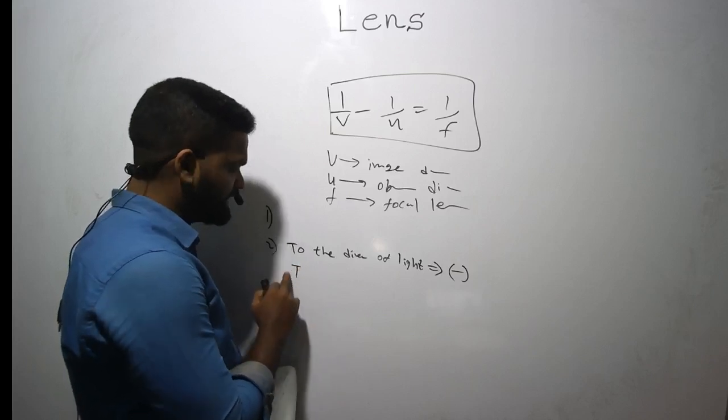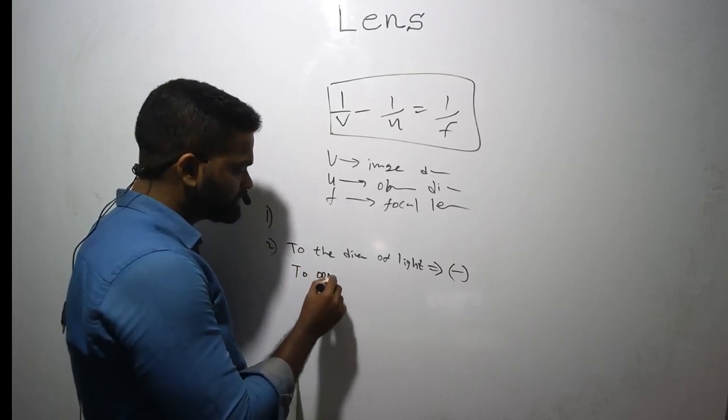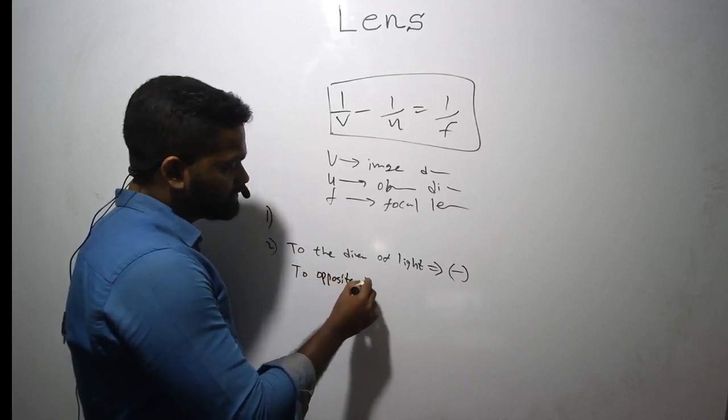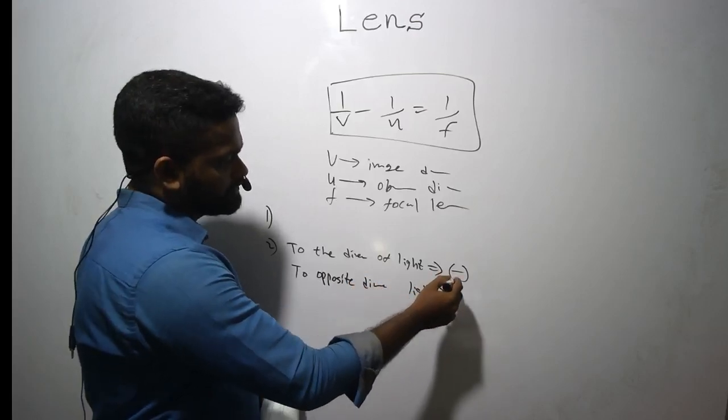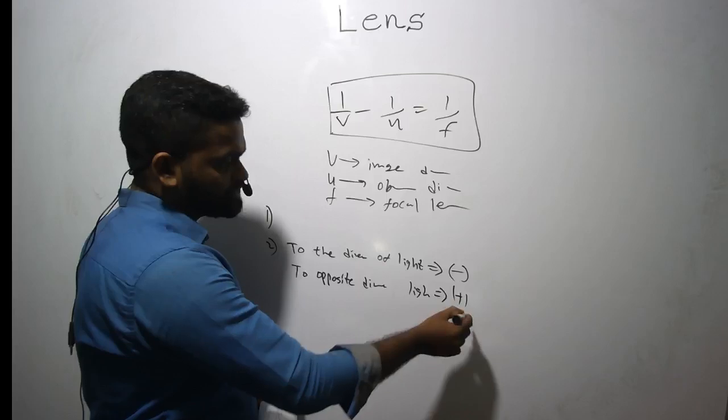Then below that, distances in the opposite direction of light, write here positive.